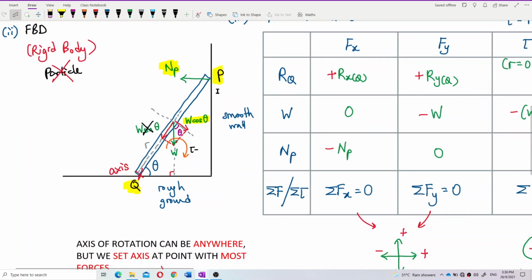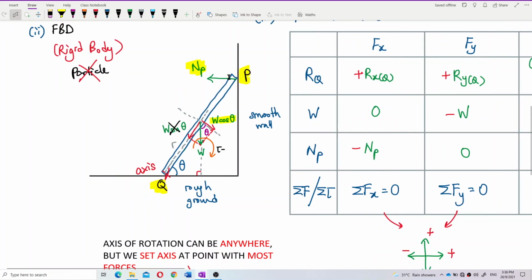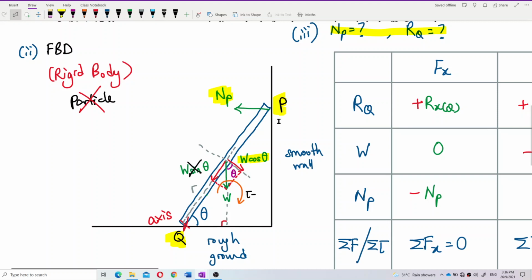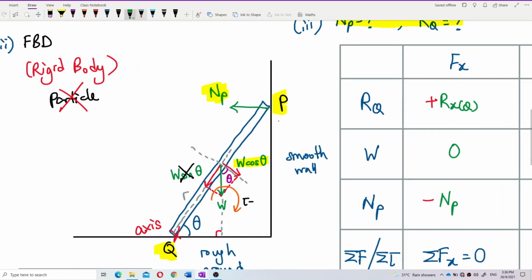Okay, so let us find out what is the... We need to resolve this normal force into the parallel component and perpendicular component. We also need the angles.